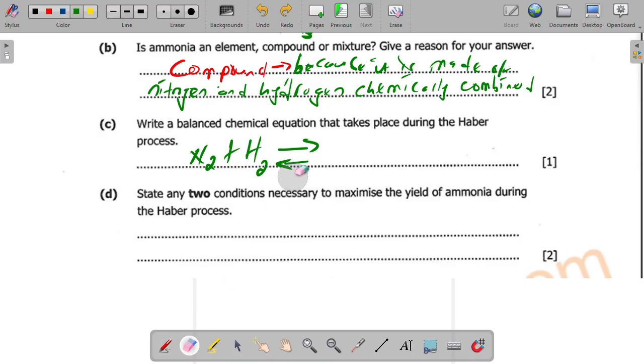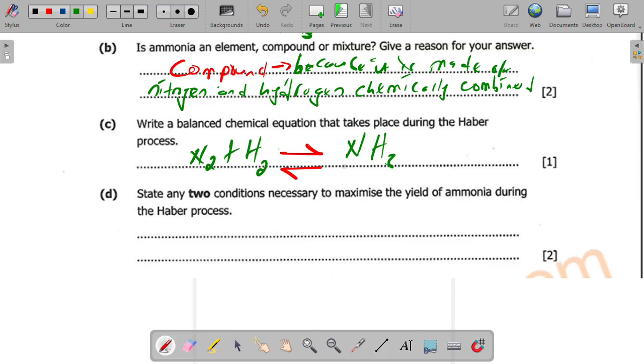Let me write the symbol properly. The reaction is reversible. Okay, I'll use my red pen. Okay, so we have nitrogen and hydrogen.